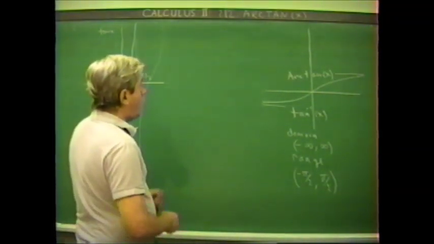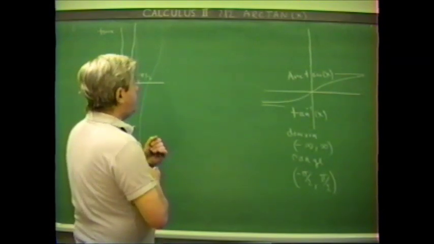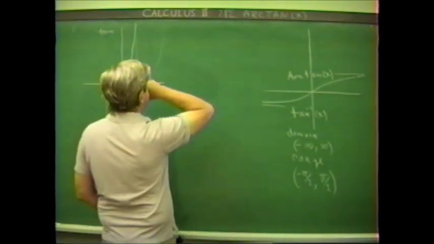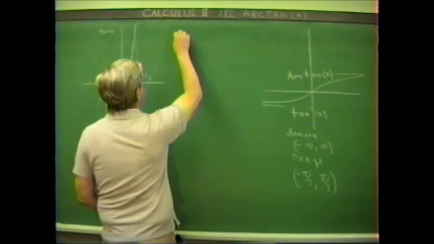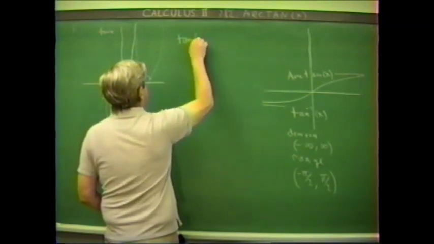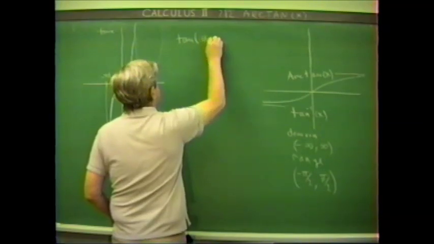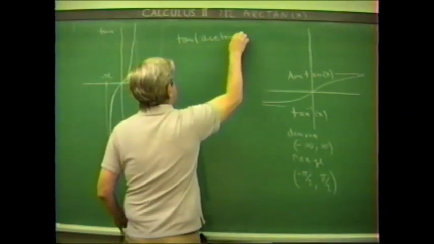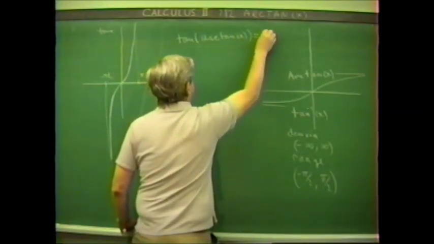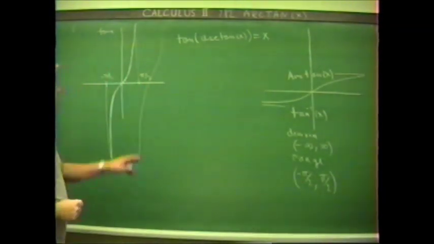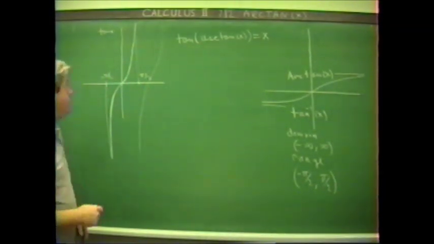Okay. We can get the derivative of the tangent inverse function as follows. Tangent of arctangent of x gives you x back. Take arctangent of x, take the tangent of it, you get x back.